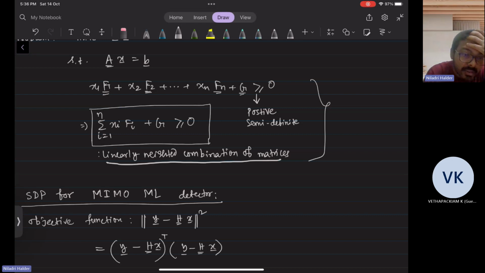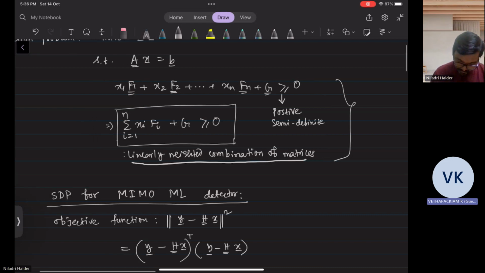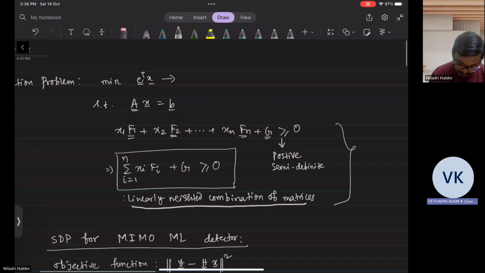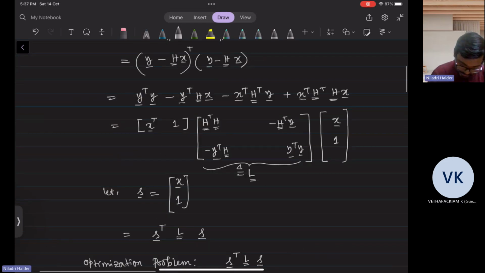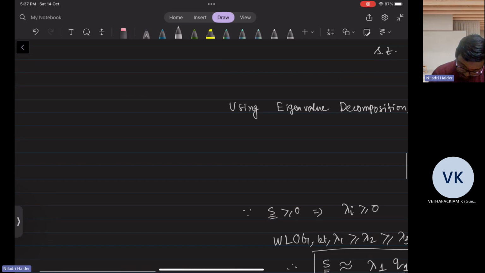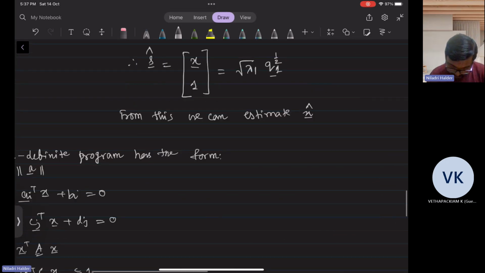Semi-definite optimization problem, SDP. Okay, sir. Sir, please explain the first problem. Yes, sure.